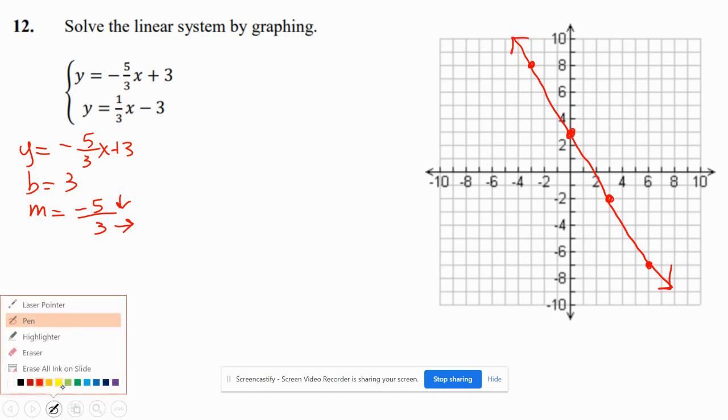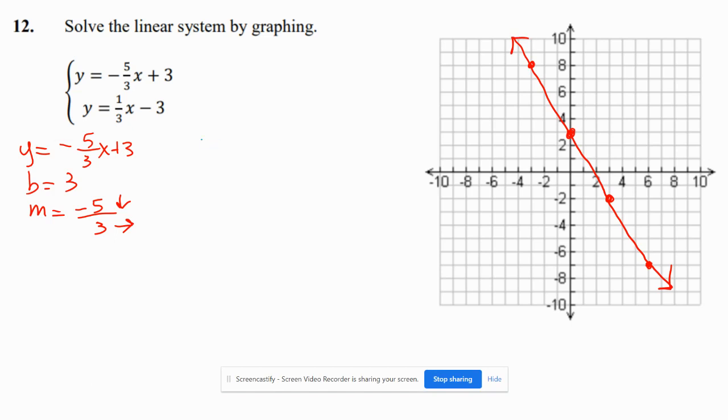Then we're just going to want to do the same thing with the other equation. So we have y is equal to 1/3 x minus 3. The y-intercept is -3. The slope is 1/3. So we're going to go up 1, to the right 3. Up 1, right 3.